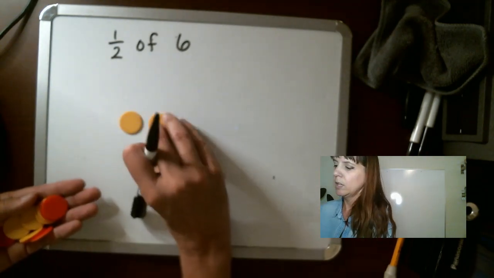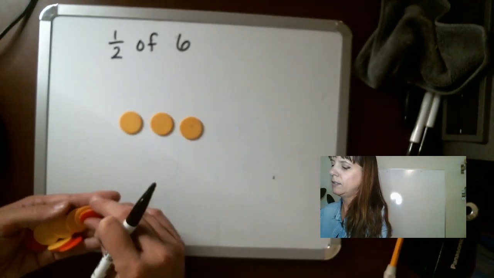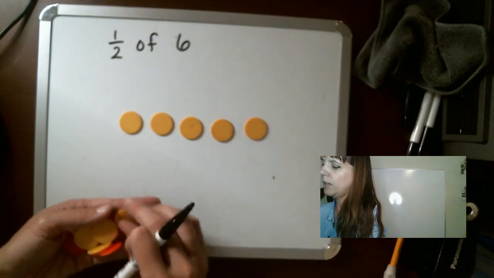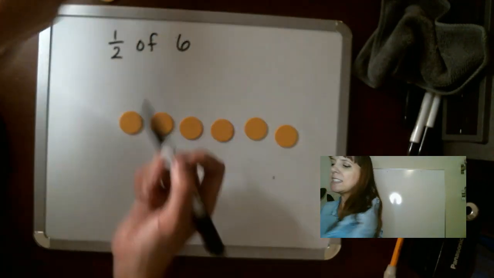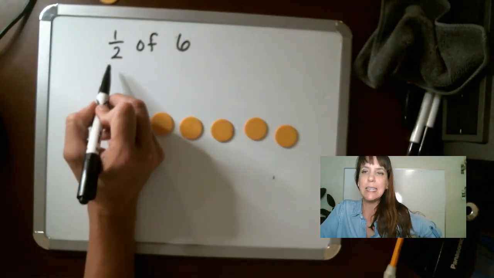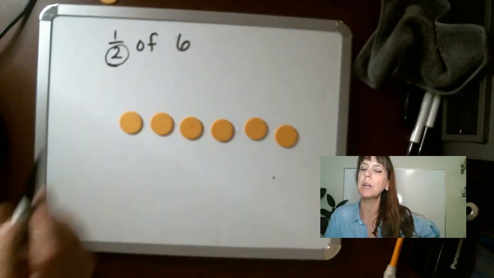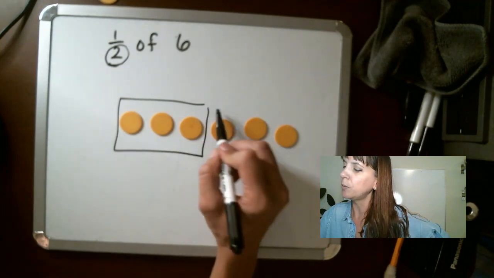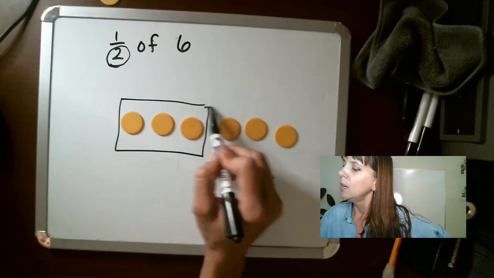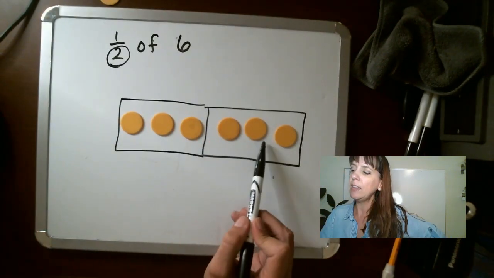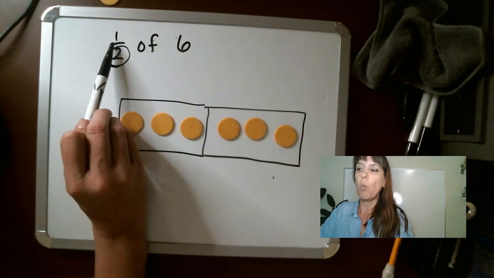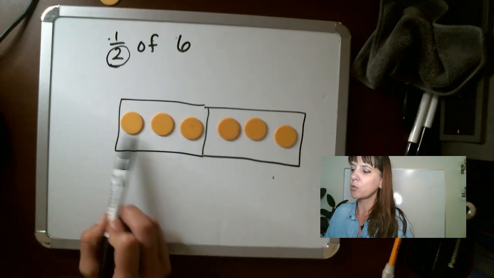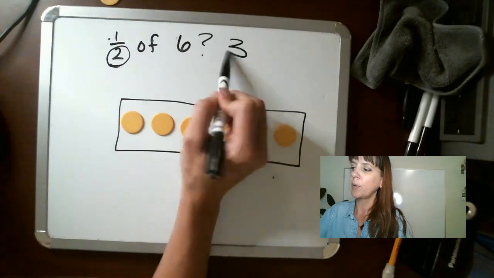We got 1, 2, 3, 4, 5, and 6. What this is telling us is we want to take this denominator and break it up into groups. In this one, we break it up into 2 even groups, and within those, we want to select one group, which is worth 3. You guys see that?